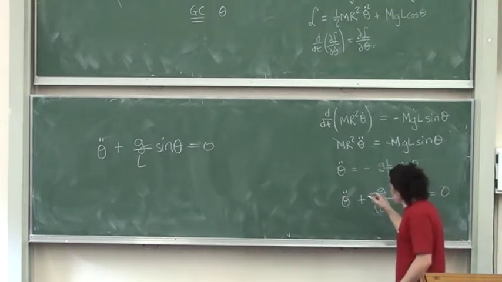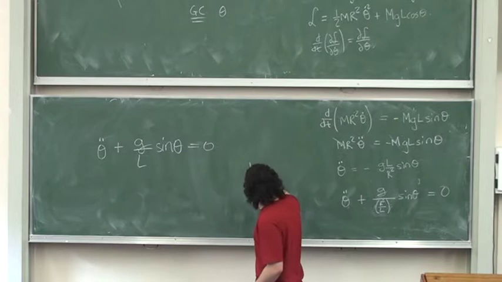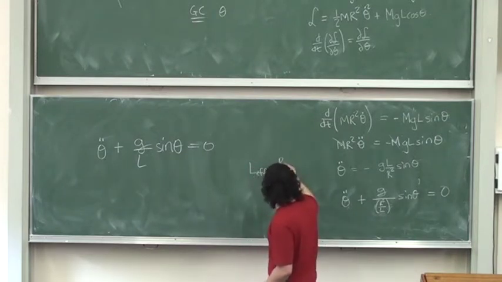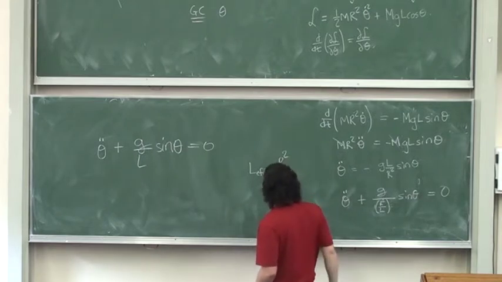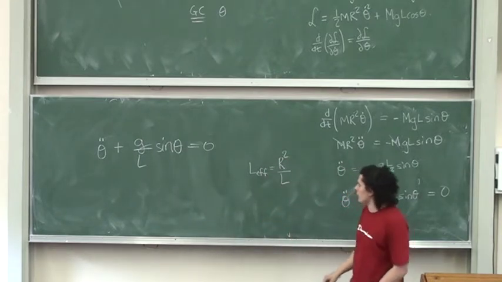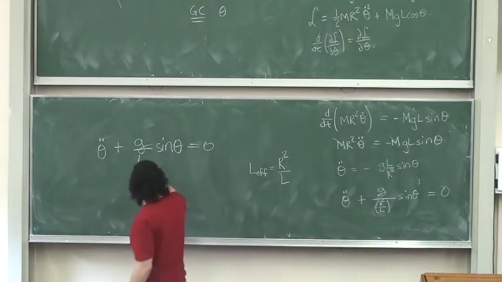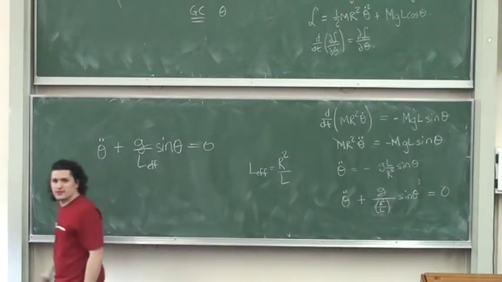And we have an effective length, L effective is equal to r squared over L here. So we can rewrite this equation in exactly the same way as a simple pendulum, provided L is L effective.